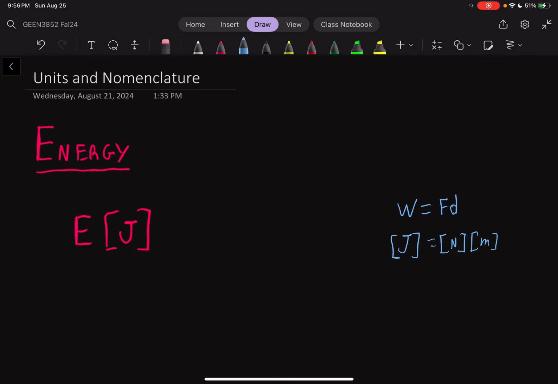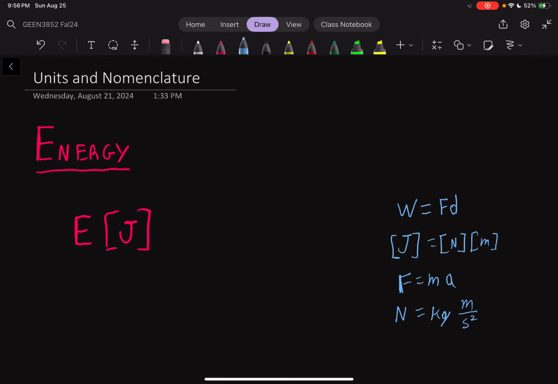I could break this down even further. I could think about Newton's second law. Force is equal to mass times acceleration. It tells me what a Newton is. So a Newton is equal to a mass, that's a kilogram, times acceleration. Acceleration is meters per second squared.